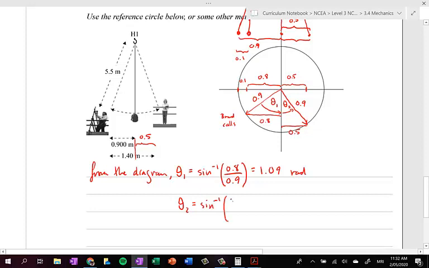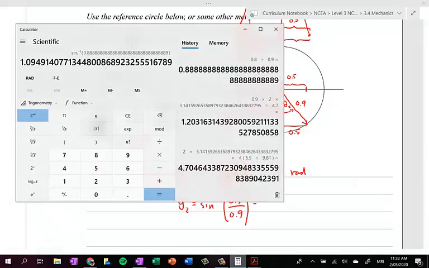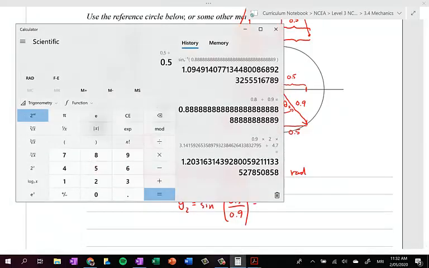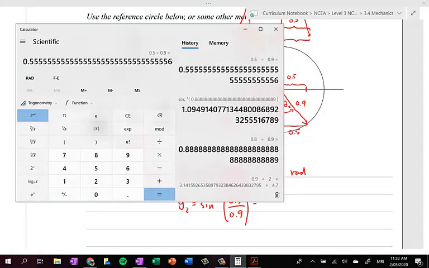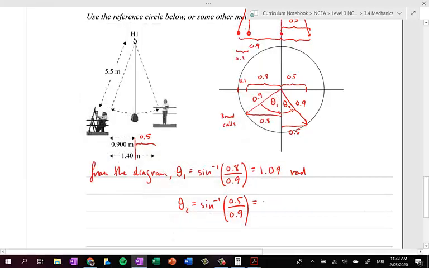And this time it's 0.5 over 0.9. And then we want to take the inverse sine of that, 0.589 radians.